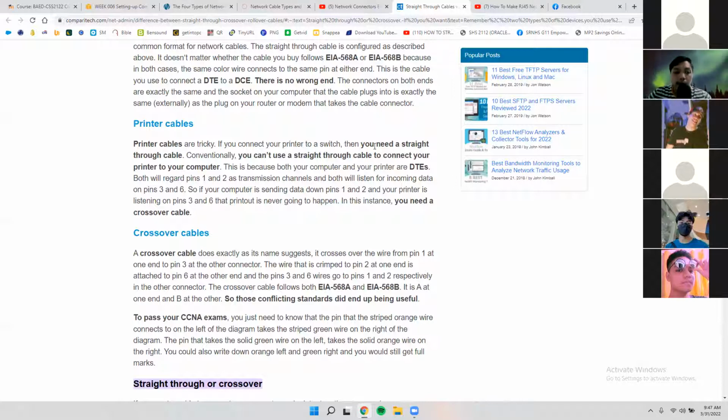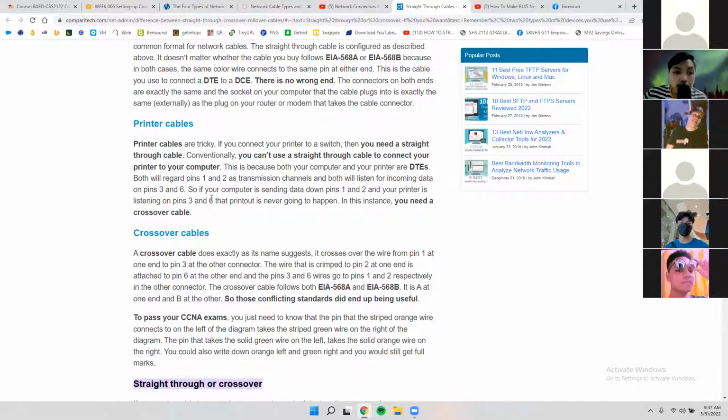So, it uses network para mag-communicate, si computer 1 magpiprint, si computer 5 magpiprint. So, use the straight cable kasi nakakonect siya sa switch. But kung ico-connect natin yung printer sa computer, we cannot use a straight through cable. When it comes to network ha.